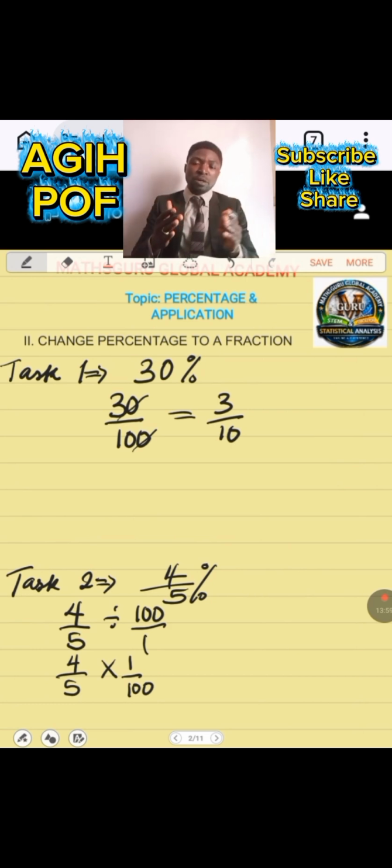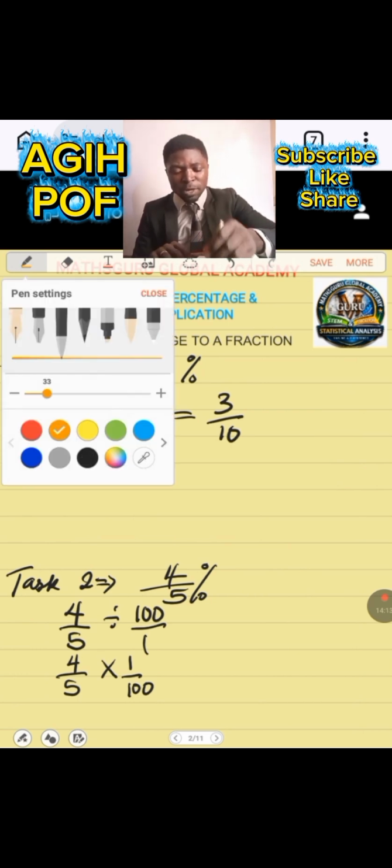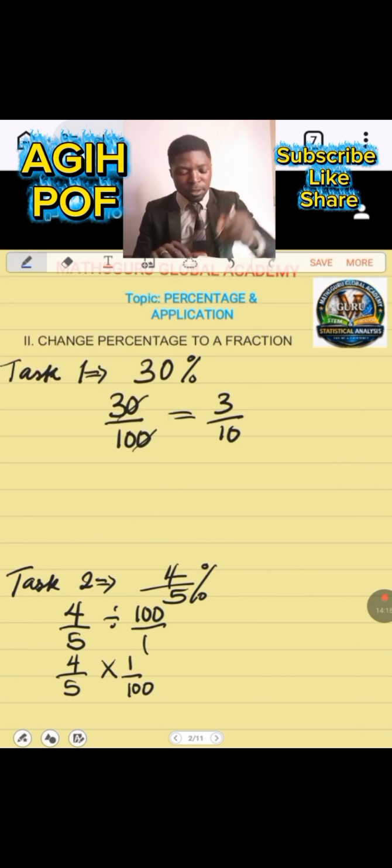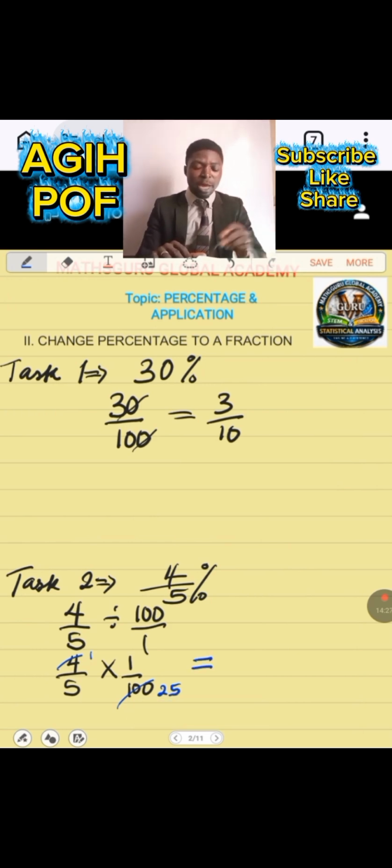Anytime we change division to multiplication like this, we have to flip the divisor. And let's go there quickly. We can simplify further. 4 can go in 100 25 times. All right, now that it is simplified, we can multiply out. 1 times 1 will give us 1, and 5 times 25 is 125. By so doing, we have resolved this question.